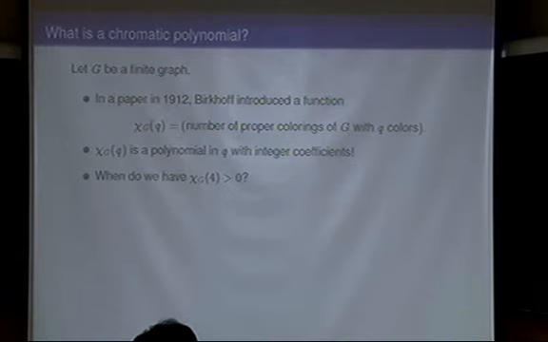And what's amazing about this function is that it is in fact a polynomial in one variable q with integer coefficients, and those integers happen to alternate in sign. So for example, a very basic question in graph theory is whether, if G is planar, the value of this polynomial at 4 is positive.